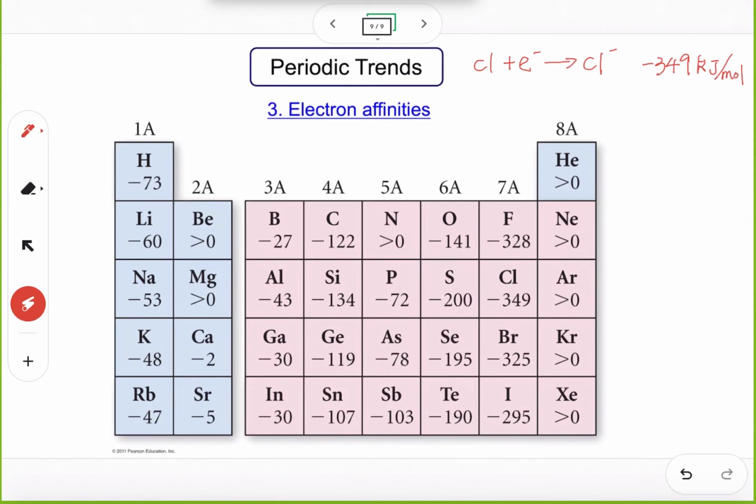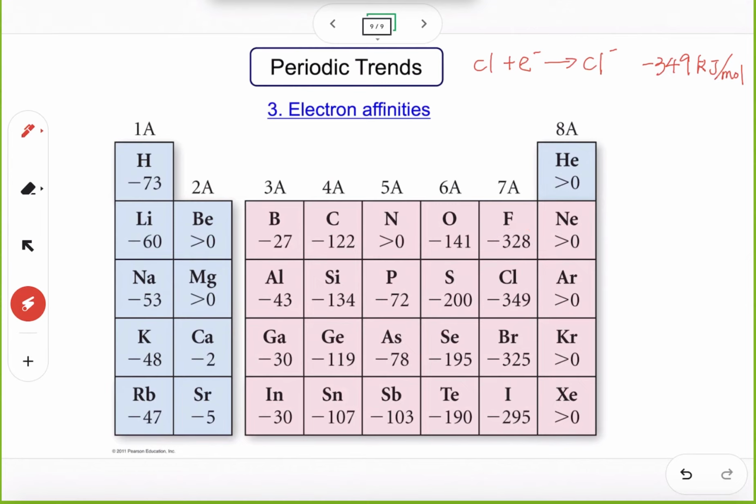Now how about the elements in the same period? Let's use this period as an example. When you go from lithium to fluorine, you notice that overall the number is increasing, from your left side to right side.